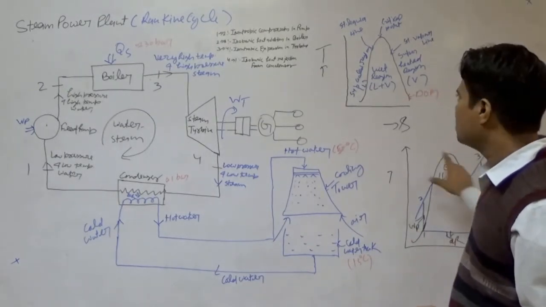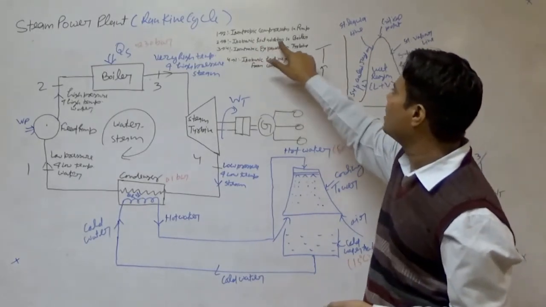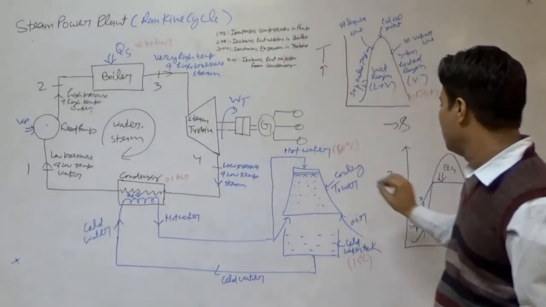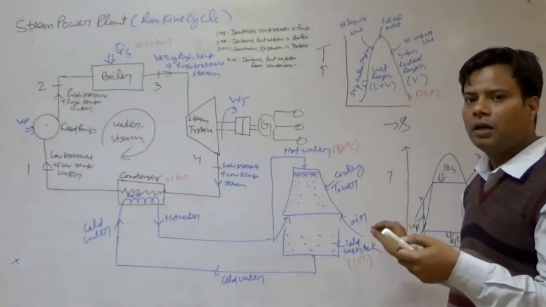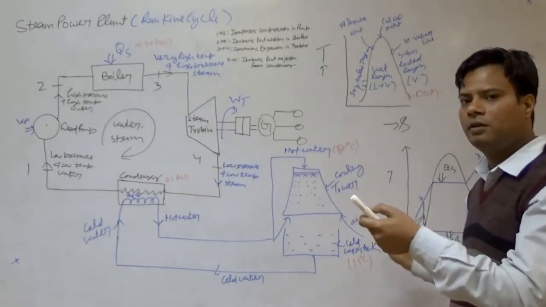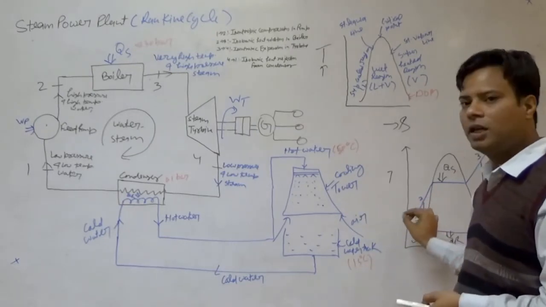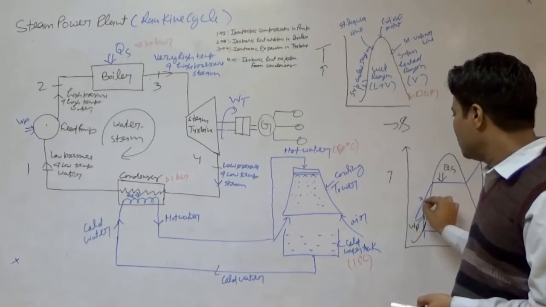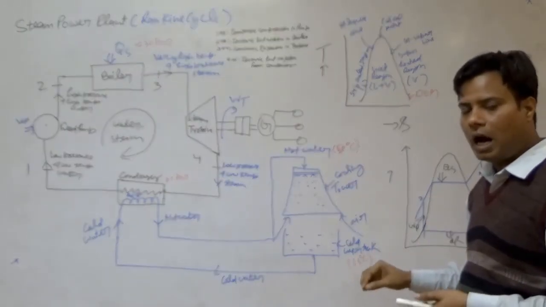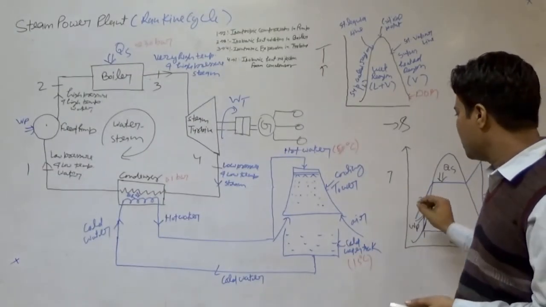The 2 to 3 process is isobaric heat addition in the boiler. Whenever we add heat, the water is converted into steam, so a phase change takes place. How are we achieving this boiling process?